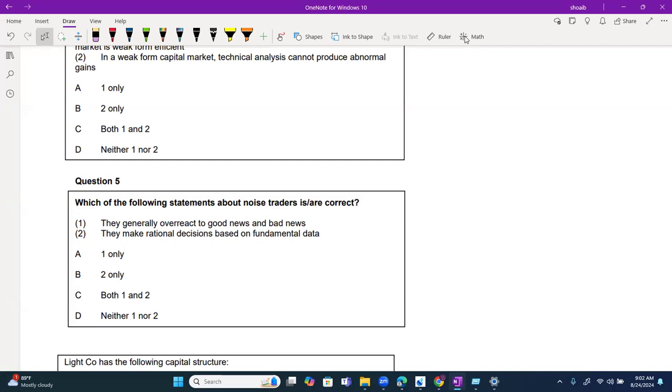Noise traders are those traders who are not basing their decision on fundamental information, on correct information. They usually follow others. So second is incorrect, first is correct.